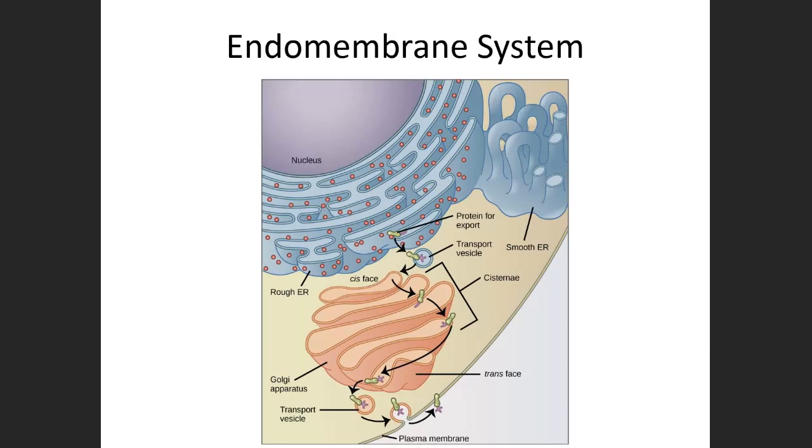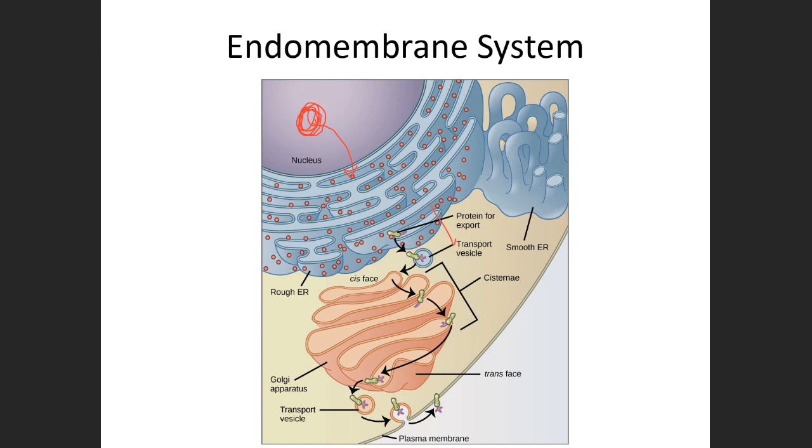Obviously this is a drawing, but if we look at this basic architecture of the cell, the layout makes sense, right? You've got the nucleus in the middle. It made the ribosomes here inside the nucleolus. It shipped them out. It makes the proteins and folds them up in the rough ER. It makes the lipids and sends them out in the smooth ER.